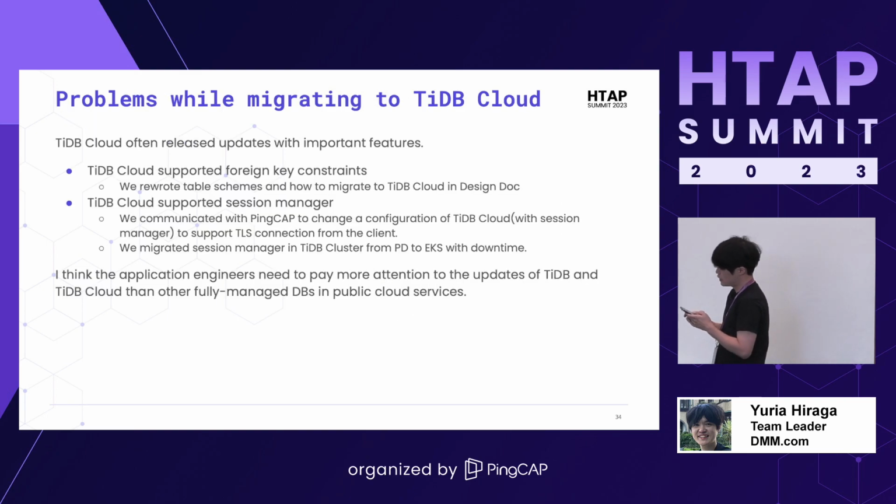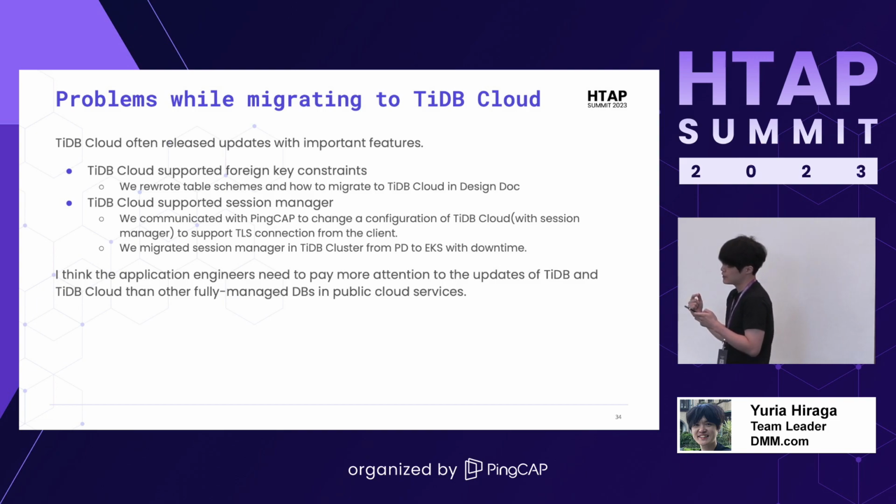I will talk about problems while migrating to TiDB Cloud, but they were small problems. TiDB Cloud often releases updates with important features. We just checked for TiDB Cloud updates, but we didn't check for TiDB updates. So we faced 2 problems while migrating to TiDB Cloud.